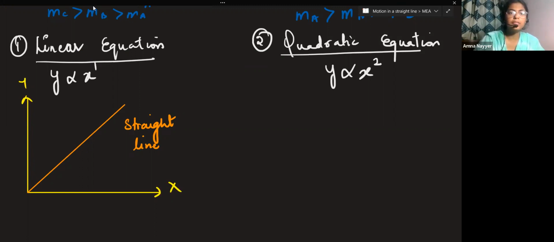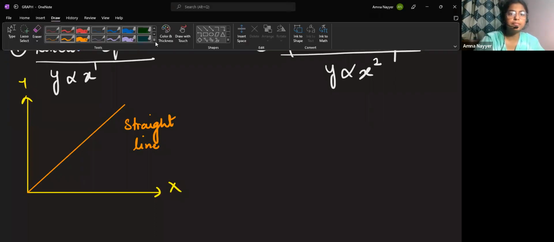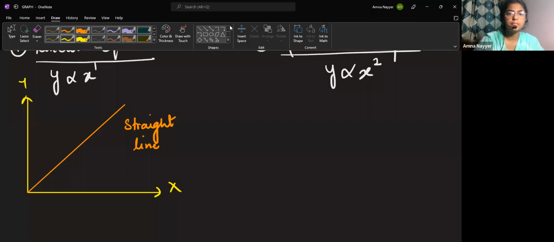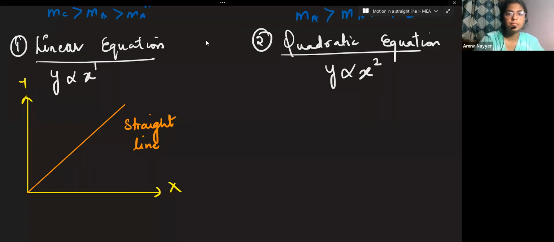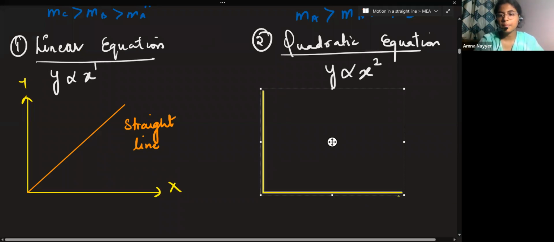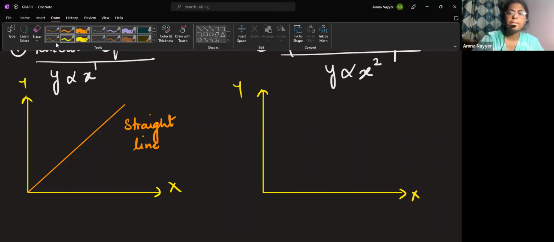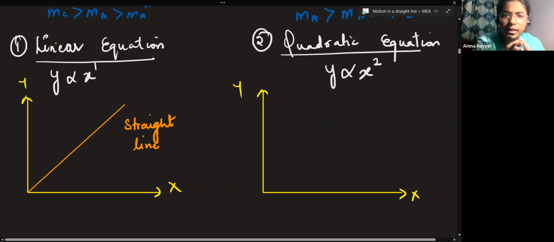If you have a quadratic equation, quadratic equation means something is getting changed to the power of 2.